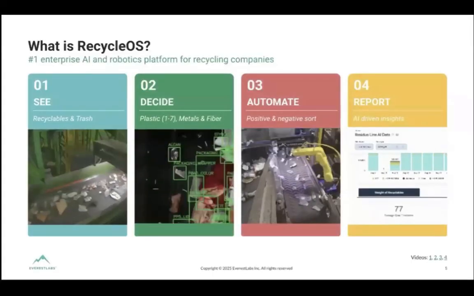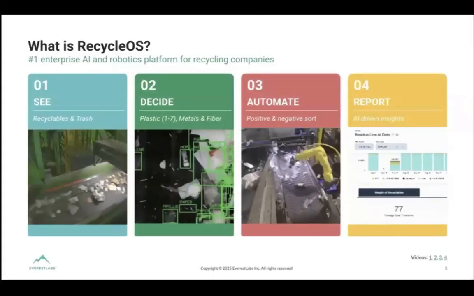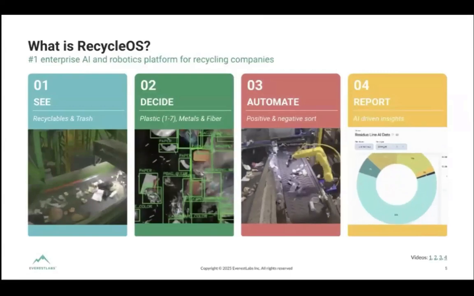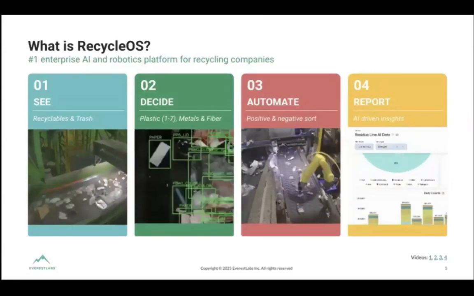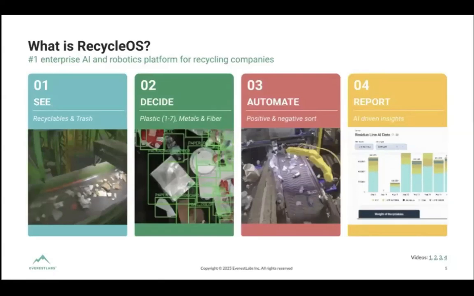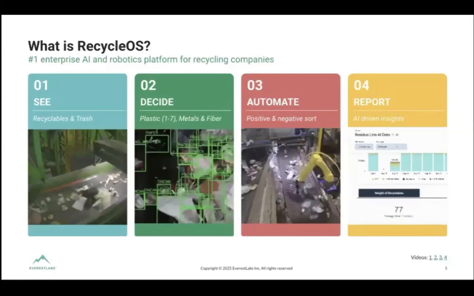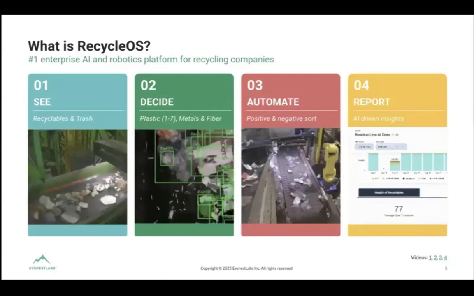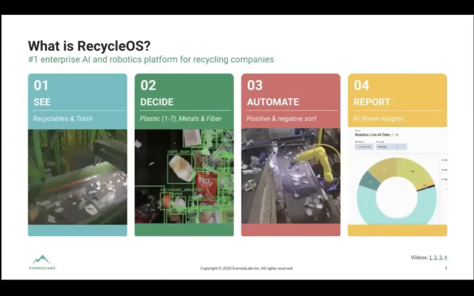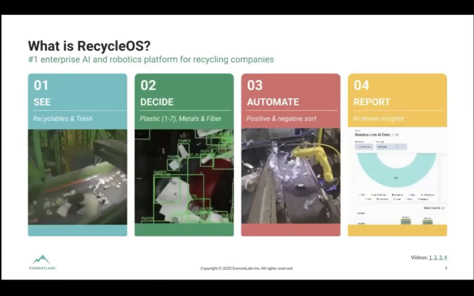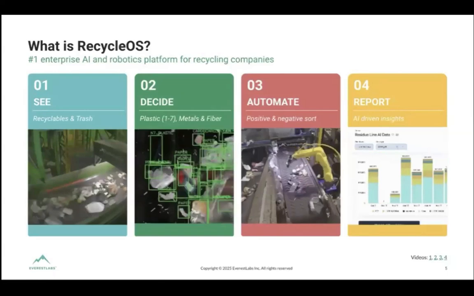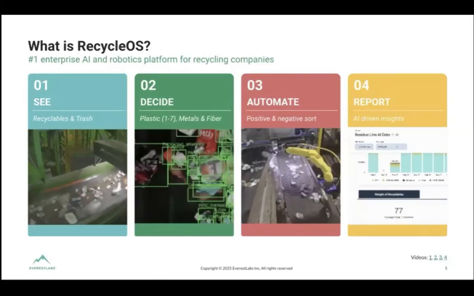Okay, thanks, McKenna. So Recycle OS is the name of our platform and the solutions that we provide to different types of recyclers in the industry. It begins with our vision system, which is a camera that's mounted on top of your conveyor belts. It's self-lighted, and it captures every visible object that passes under the camera.